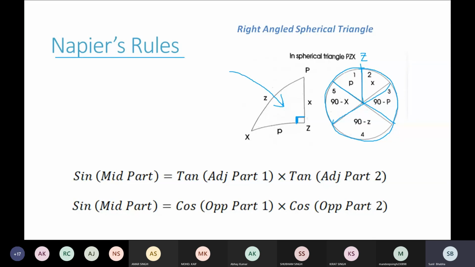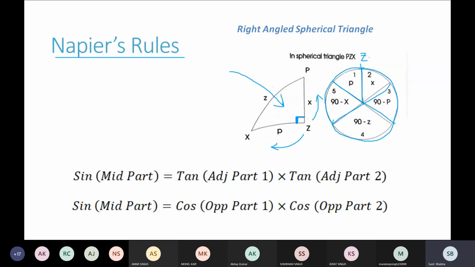Now from this angle Z, you start to move clockwise or anti-clockwise in whichever direction you want to go. If you want, you can move clockwise. If you want, you can move anti-clockwise also.